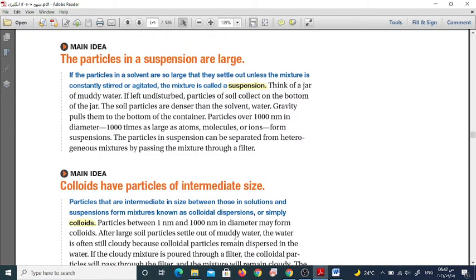As I have said, a solution is a homogeneous mixture. The two examples of heterogeneous mixtures are suspension and colloid. In a suspension, the particle size is large. The particle size is over 1000 nanometers. While in the case of a colloid, the particle size is less than 1000 nanometers.